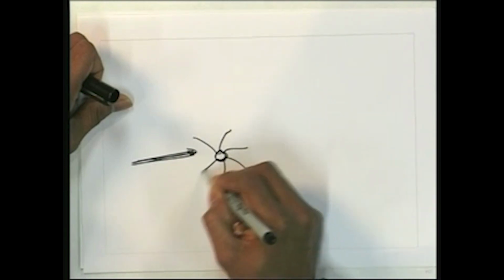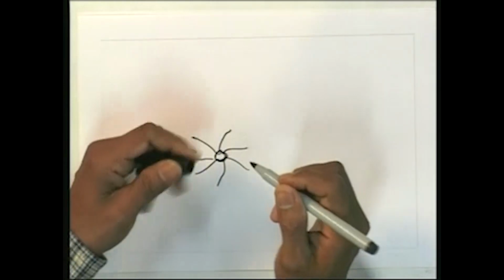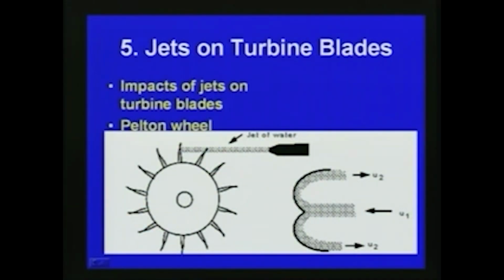Due to the jet action it will start rotating. Here we can use the principle of the linear momentum equation which we have seen, to analyze the impact of jets on turbine blades. It is depicted in this slide.